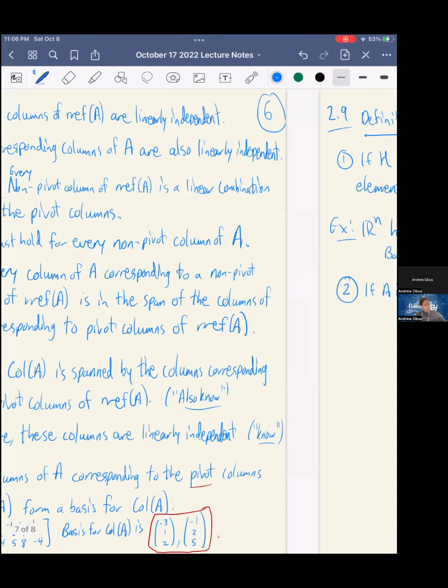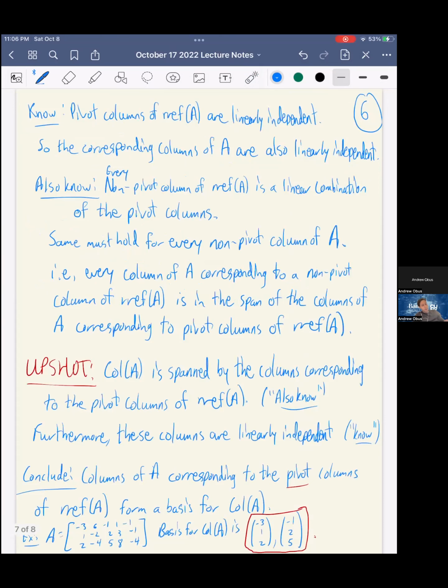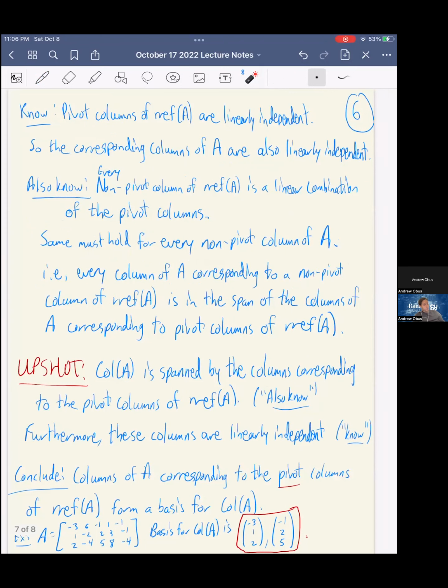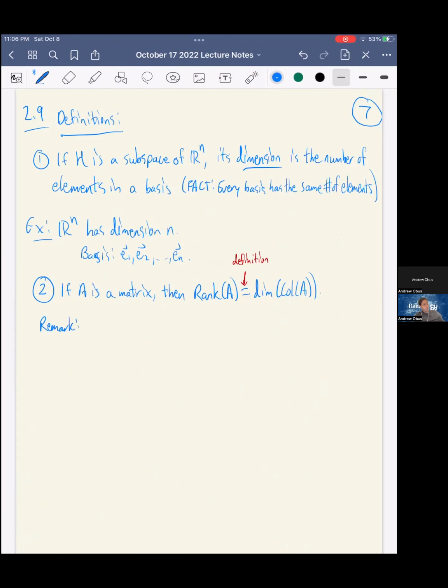We saw that in order to find the basis of a column space of A, you take the columns of A corresponding to the pivot columns of the row reduced echelon form. So this is equivalent to defining the rank of A to be equal to the number of pivot columns of the echelon form of A, or the row reduced echelon form of A.